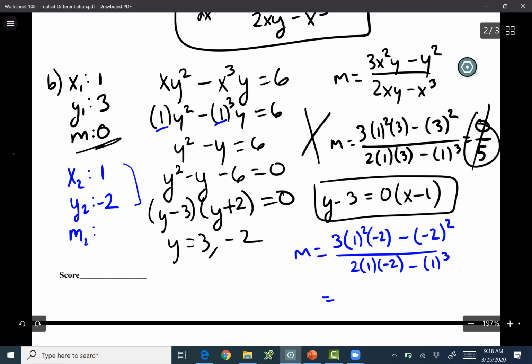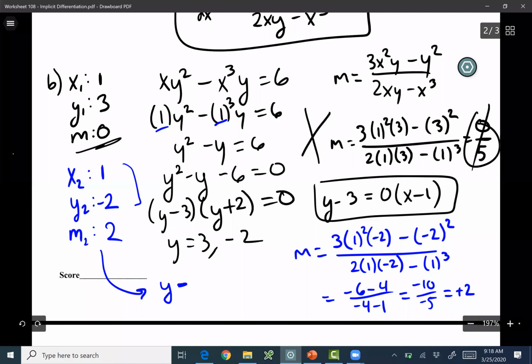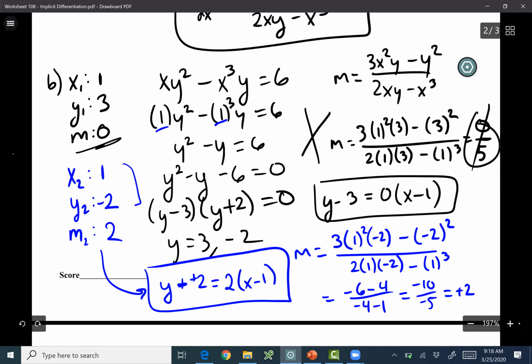That gives us 3 times negative 2 is negative 6 minus 4 over negative 4 minus 1. That's negative 10 over negative 5, which is positive 2. So now from there, y minus negative 2 is going to turn positive, so y plus 2 equals 2 times x minus 1, and we're just going to leave our answer just like that.